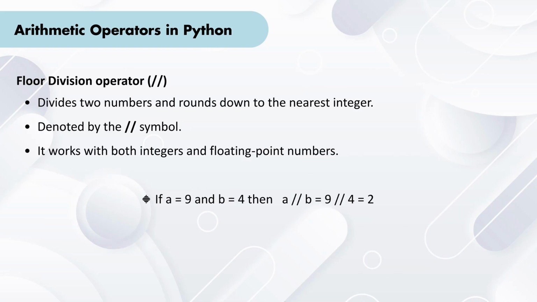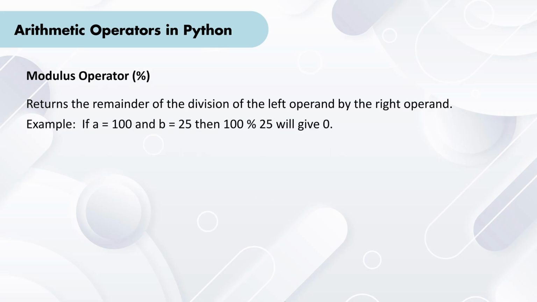Next, floor division. It is also an arithmetic operator that divides two numbers and rounds the result down to the nearest integer. For example, a = 9 and b = 4, the result of floor division will be 2. Next is the modulus operator. The modulus operator returns the remainder of the division of the left operand by the right operand. It is denoted by a percentage symbol.